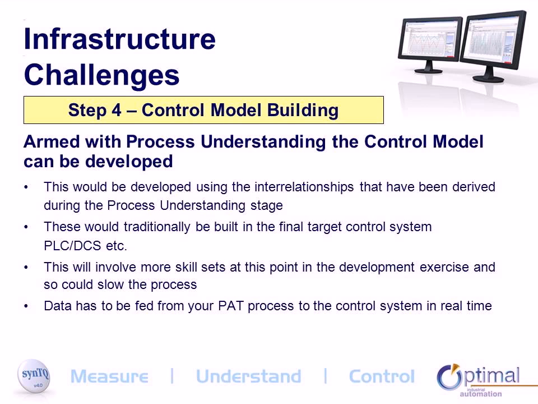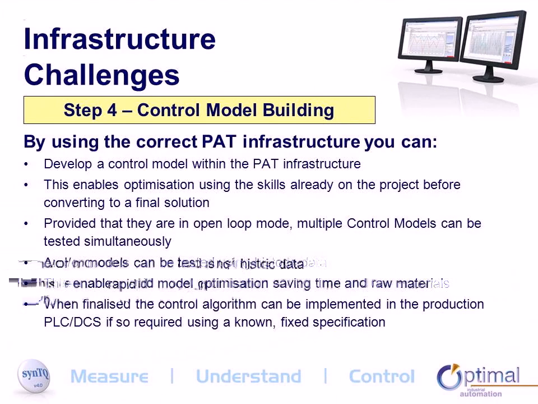However, whilst perfectly acceptable to use a PLC or DCS system, this does introduce another skill set into your team at this relatively early stage of development. Also, if you use an external control system at this stage, you have to arrange to pass the data from your PAT data manager into this control system. Again, whilst perfectly possible, this introduces some complexity, but there is another way.